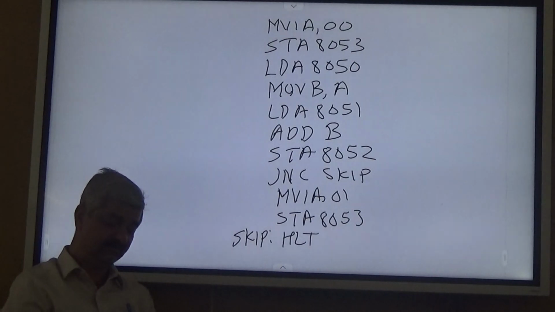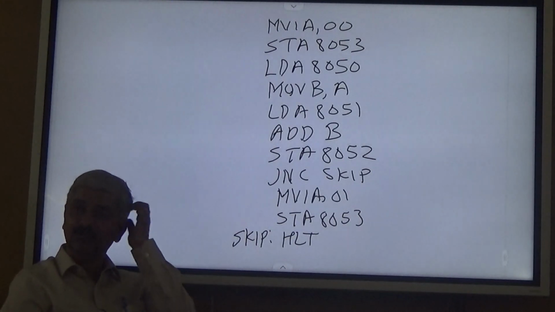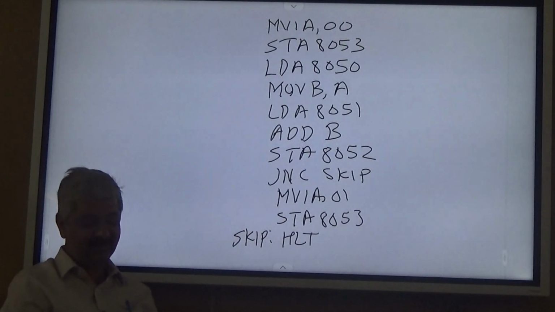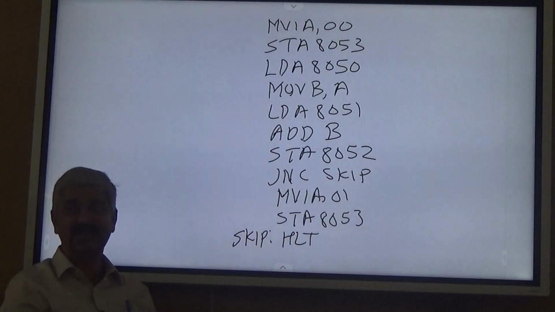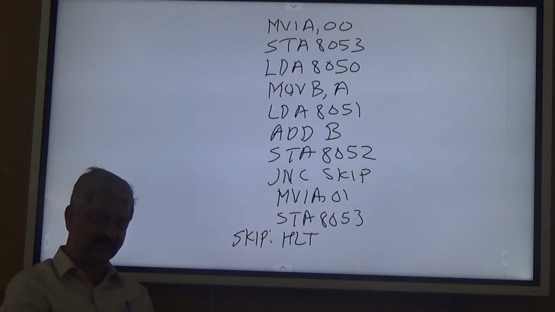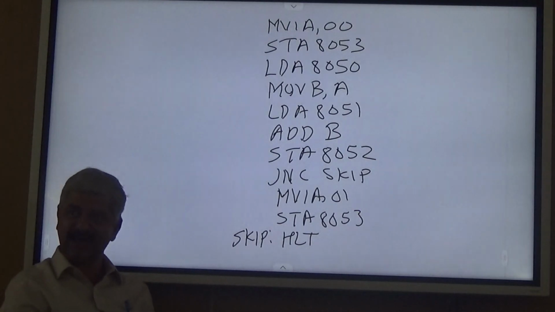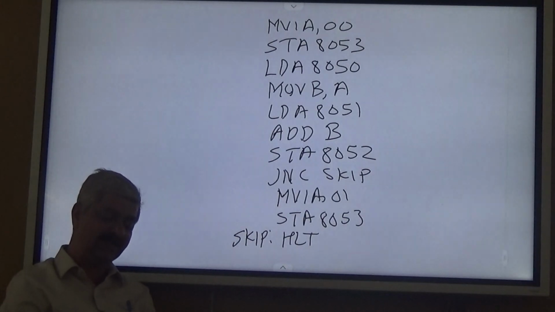It will add two numbers stored at 8050 and 8051 and will store the result at 8052 and 8053, because addition of two 8-bit numbers can be a 9-bit number. So it will add the numbers at 8050 and 8051 and will store the result at 8052 and 53.